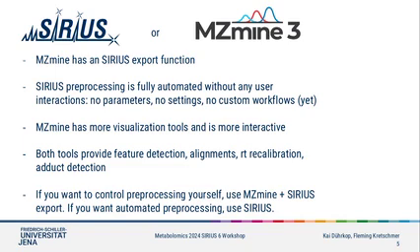The downside of MZmine is that you have to provide a lot of parameters, while in SIRIUS the processing is fully automated. So if you just drag and drop the mzML file into SIRIUS, there's no interaction at all, there's no parameters you have to put in, so the complete processing is fully automated.